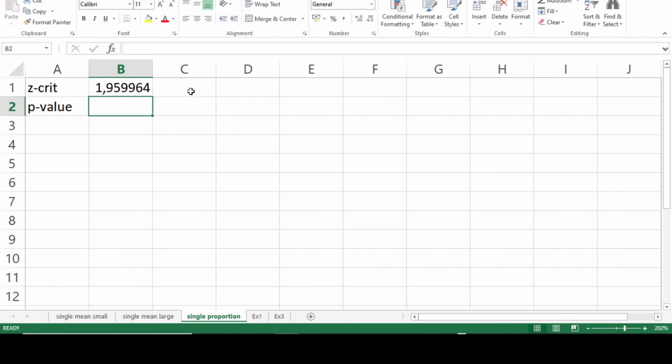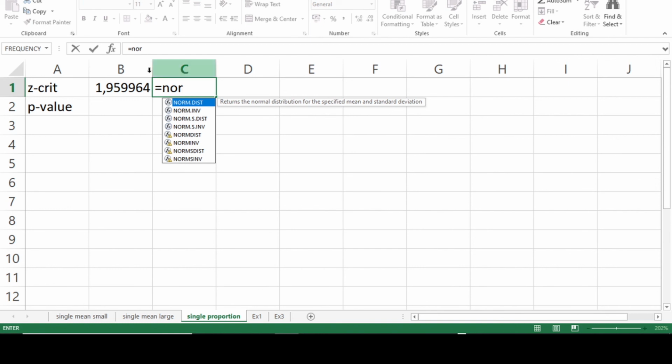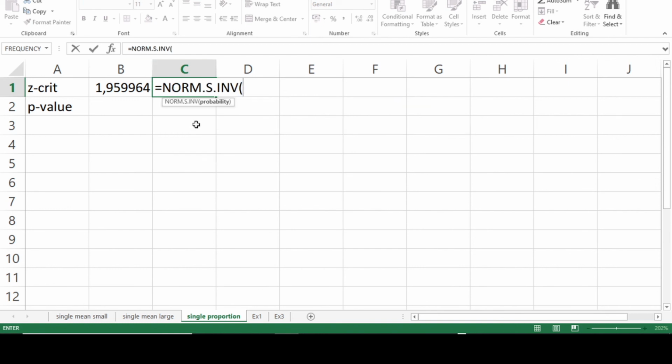So that gives you your 1.96, or if you want to get your critical value on the left, that will then be 0.025, and that just gives you the negative, minus 1.96. Because the normal distribution is symmetrical, if you have the one, then you actually also have the other one.